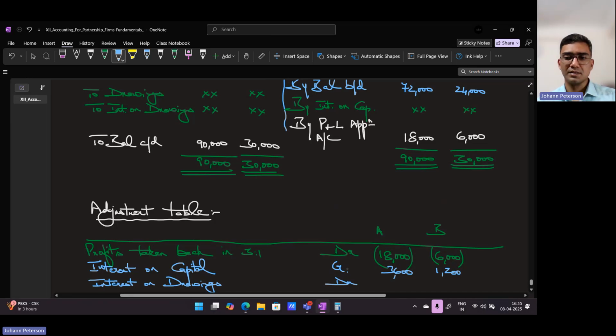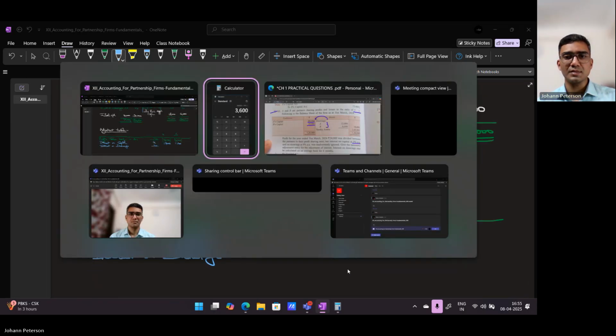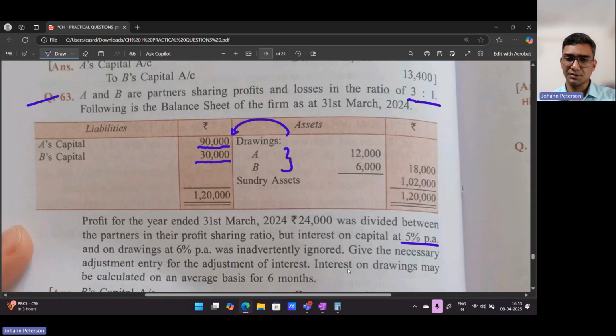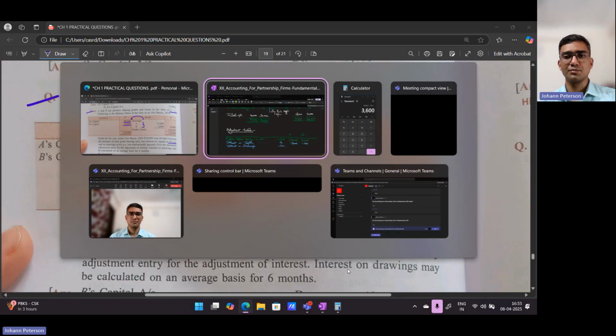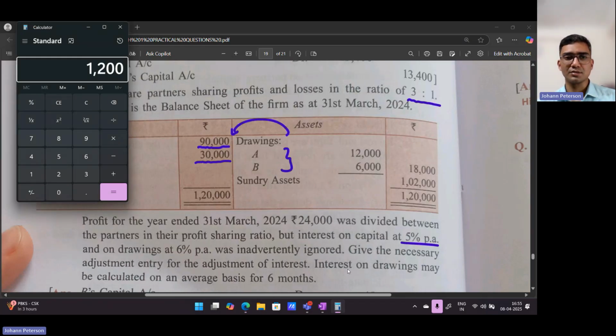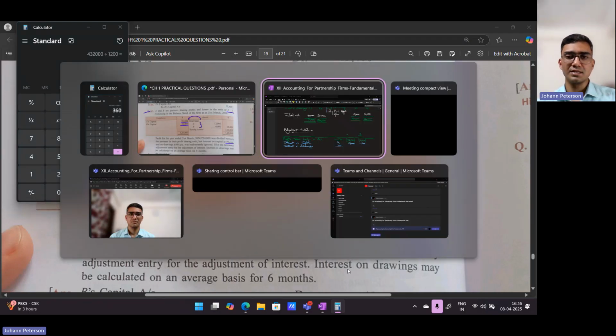This will be debited. Is it going to have some interest? Yes, it is going to have some interest. So what is that interest? I'm calculating 6% per annum. So 6% on 12,000. 12,000 is the total drawings. So 12,000 into 6 upon 100 into 6 upon 12, divided by 1,200. This comes out as 360.